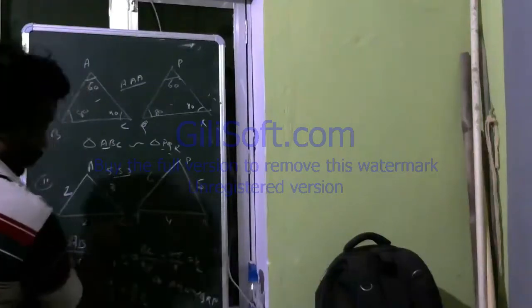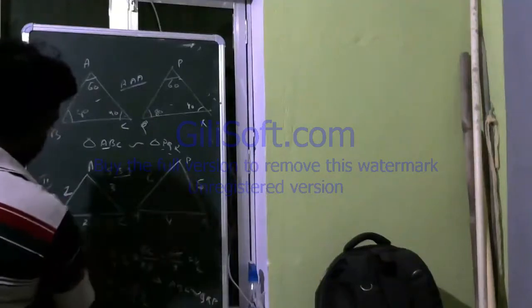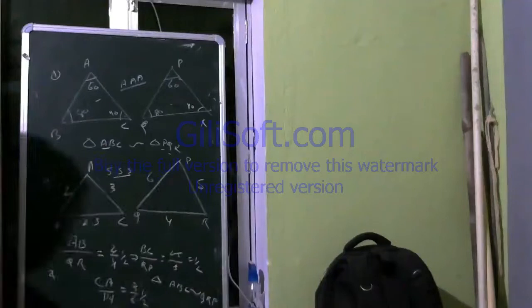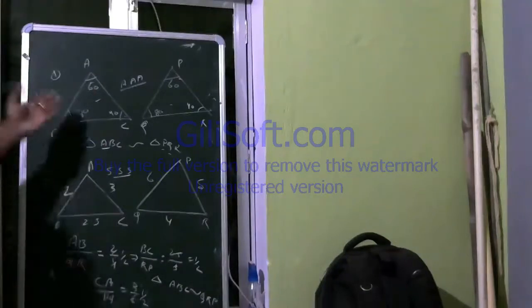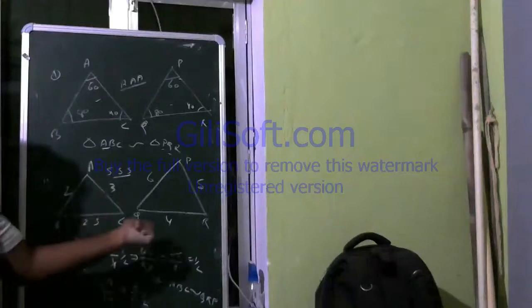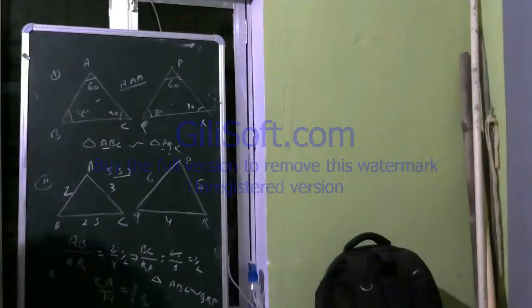BC is equal to 2.5 and just double, RP is equal to 5, and CA is equal to 3, then just double, PQ is equal to 6. That's why we can say that triangle ABC is similar to triangle QRP. Okay, now may I clean it?